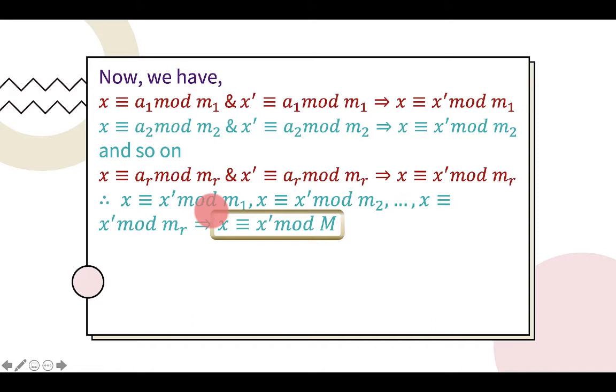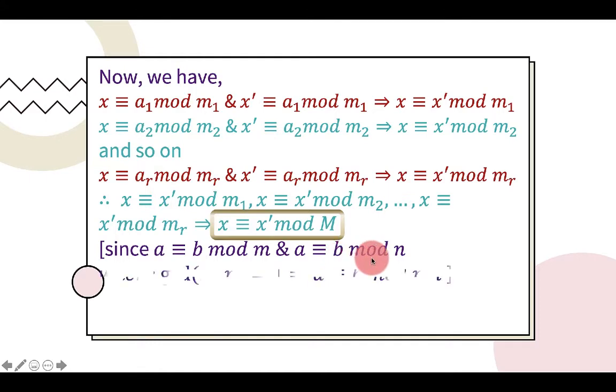Here, to combine these congruences, we have used the result which states that if a is congruent to b modulo m and a is congruent to b modulo n, where m and n are relatively prime, then a should be congruent to b modulo their product mn.